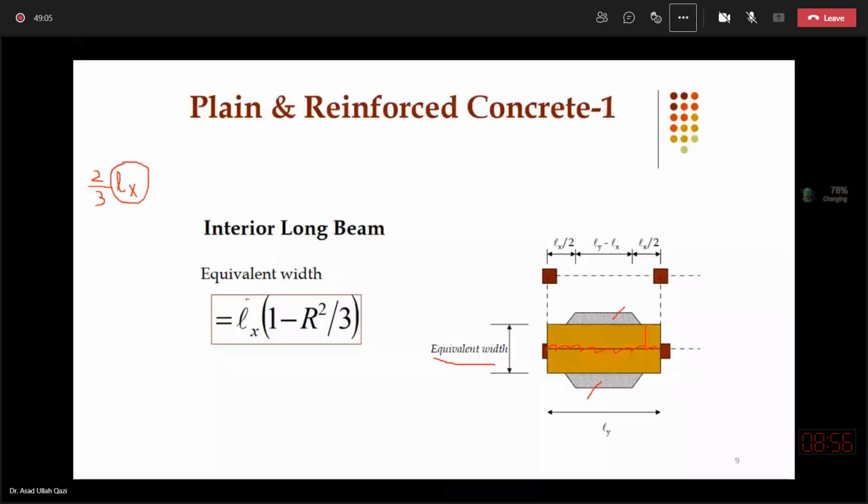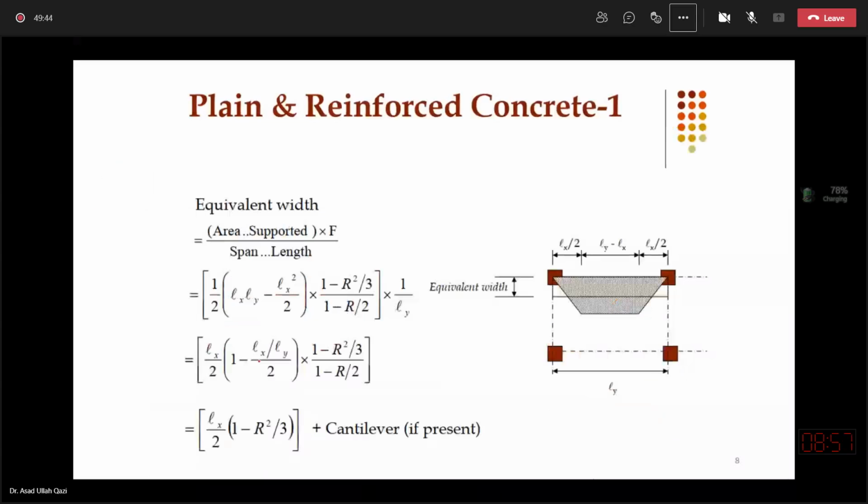Some students commit this mistake: while applying it for the long span beam, they get confused and use Ly over here. Don't forget that in both derivations, the final outcome is that Lx is involved in the calculation of the equivalent width, and it will be proved when you go through this derivation.